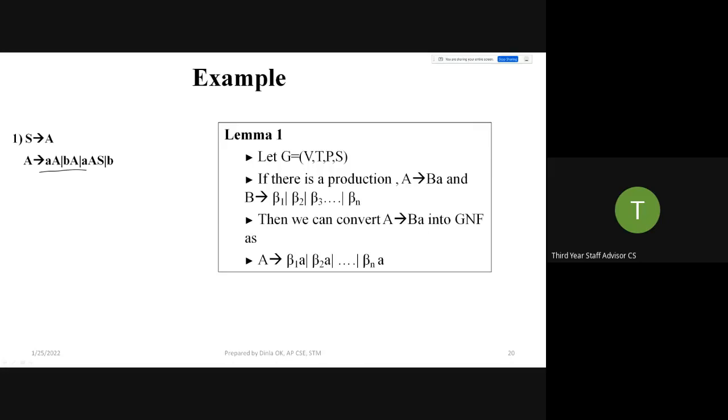We need to check CNF. To convert to CNF, what do we usually do? First of all we check for epsilon production, then we eliminate null production, and then we convert the CFG to CNF.